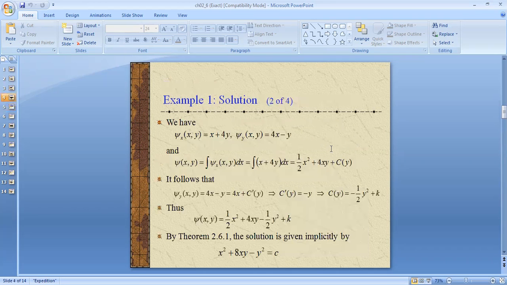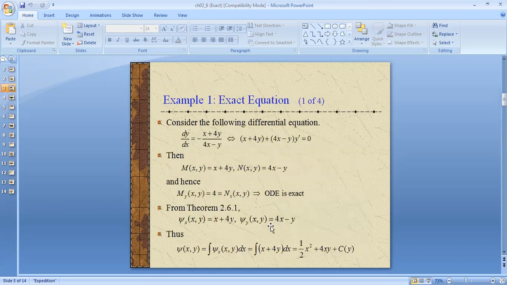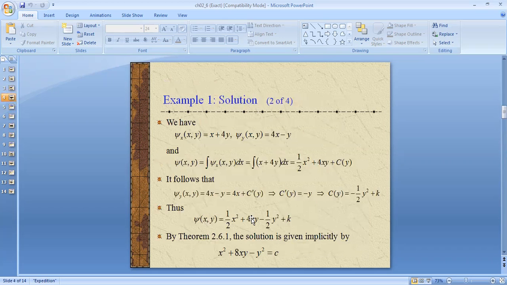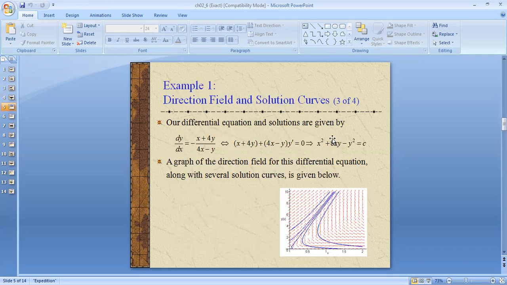This was actually the solution of our previous example, right? Just taking integration of m with respect to y and in n without the term x, then integrating. So this will be the solution of our previous example.